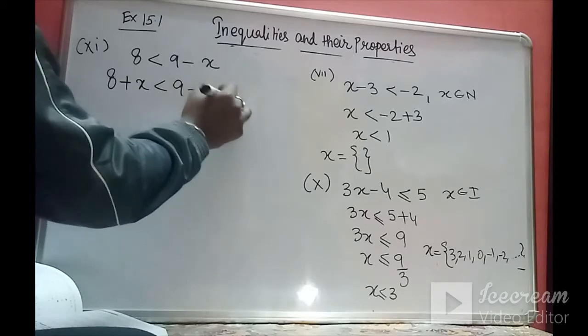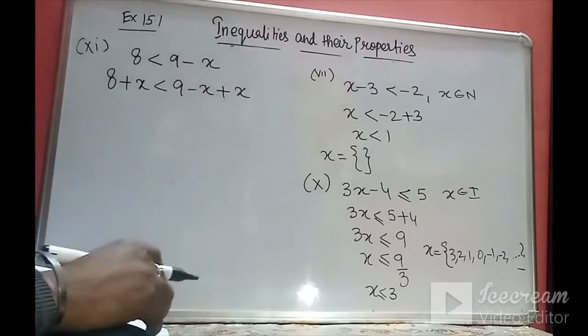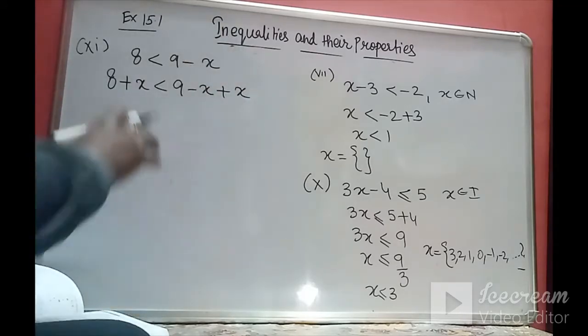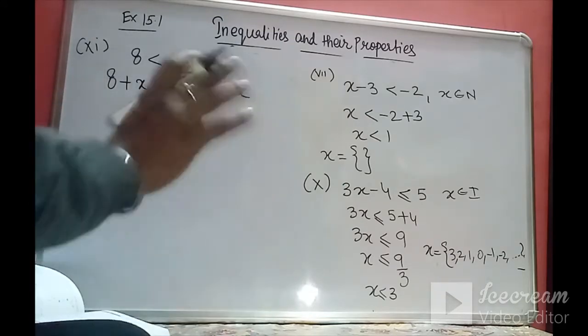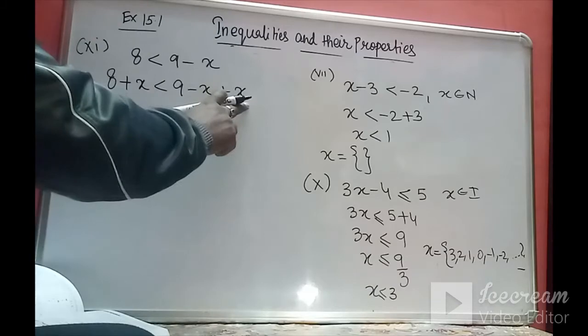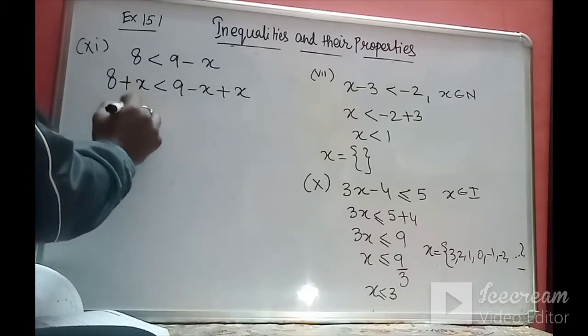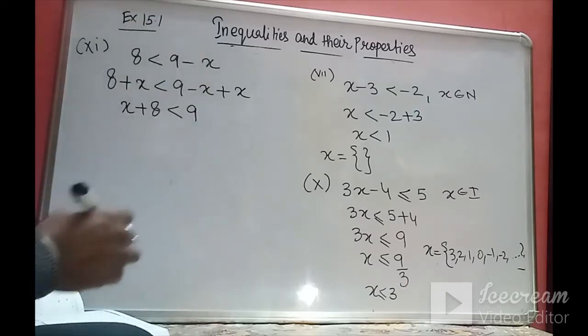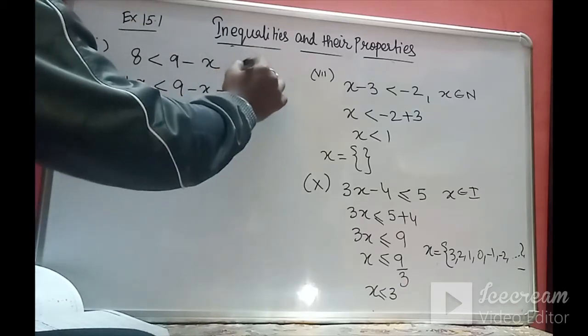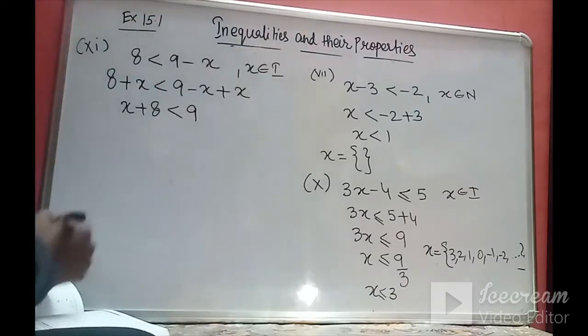For your understanding, I am doing this step. x may be any number, positive or negative, but we are doing an addition operation. So it will give you x plus 8 less than 9, and the sign of inequality will not change.